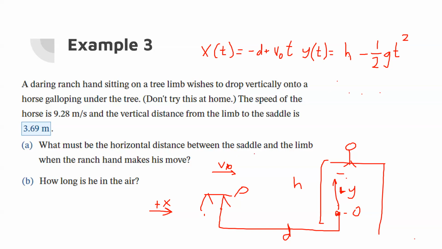So if I can find how long it takes him to fall to the ground, I can also find out how long it takes the horse to try, or how much distance the horse covers in that time. And so from this equation right here, if I want him to be at height equals 0, I get 0 is equal to h minus 1/2 g t squared.